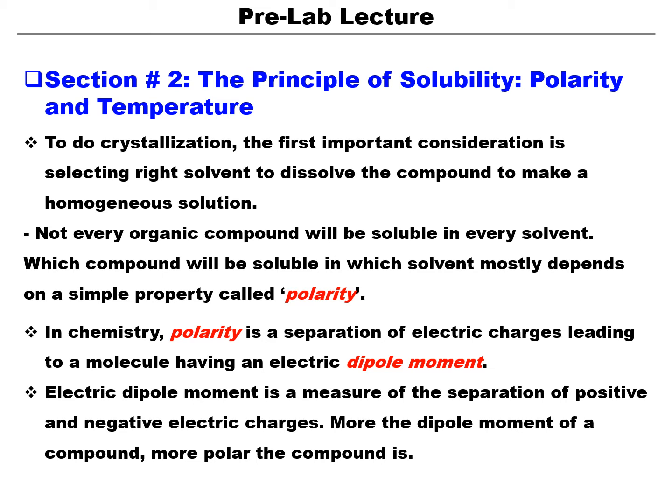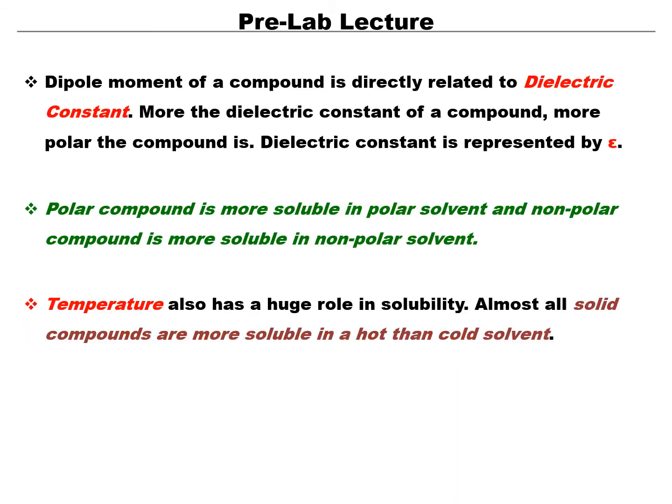Polarity in chemistry is separation of electron charges leading to a molecule having an electric dipole moment, and this electric dipole moment is usually taken as a measure of separation of positive and negative electric charges. The more dipole moment a compound has, the more polar the compound will be.